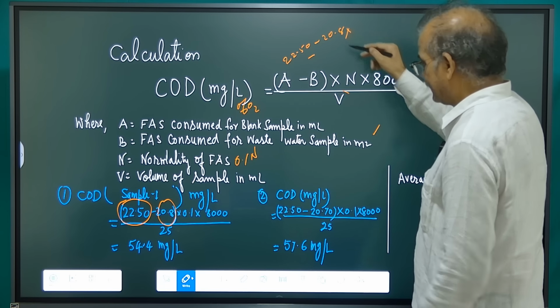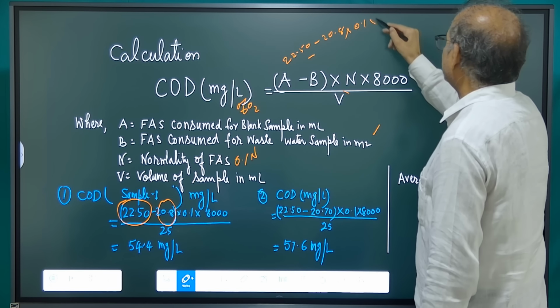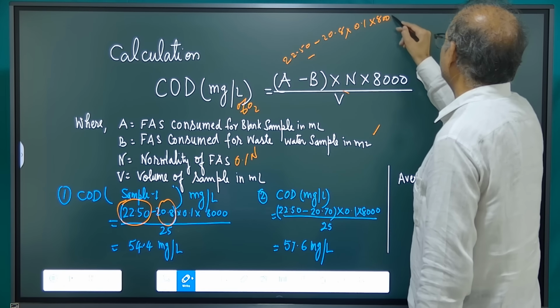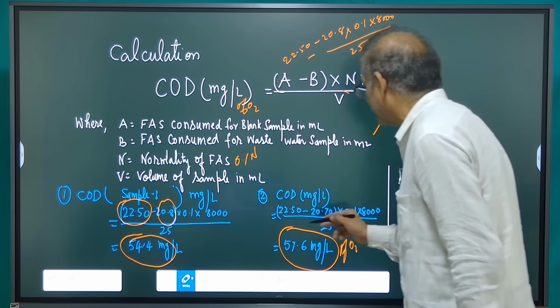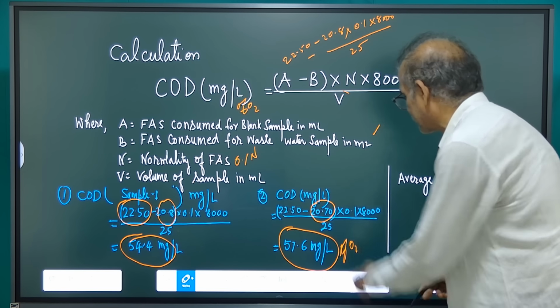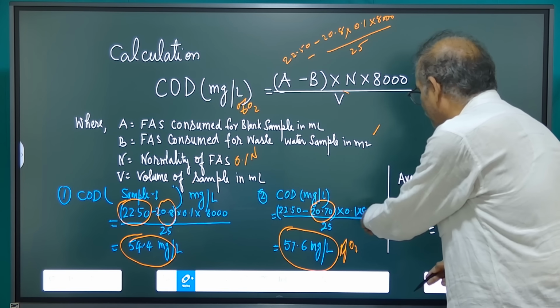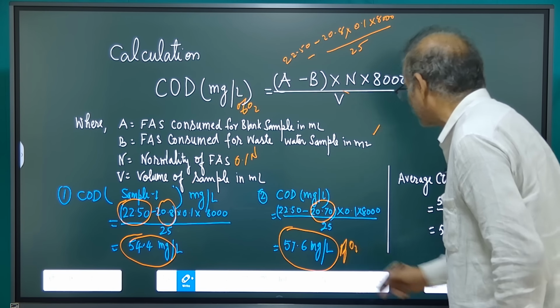Then normality is 0.1 of the ferrous ammonium sulfate into 8,000 and the volume taken is 25. It comes to 54.4 milligram per liter. For sample number 2, 22.50 minus the FAS consumed 20.70 into normality 0.1 into 8,000 divided by 25. It has come 57.60 milligram.